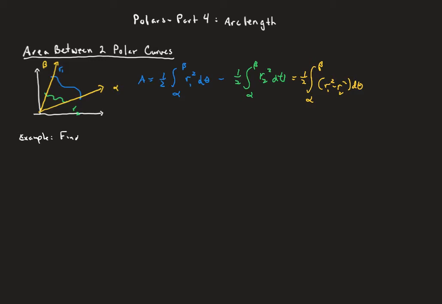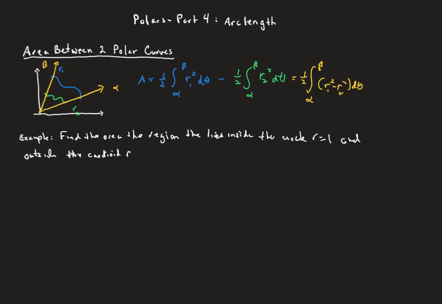We're going to find the area of the region that lies inside the circle given by r equals 1, and outside the cardioid, and I'll give you that equation also.